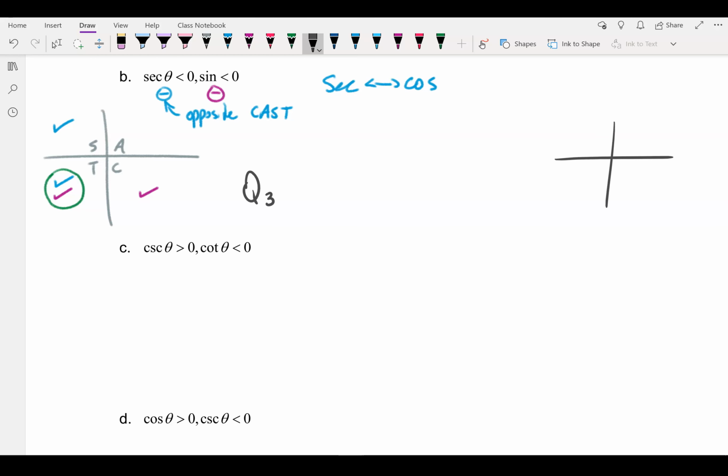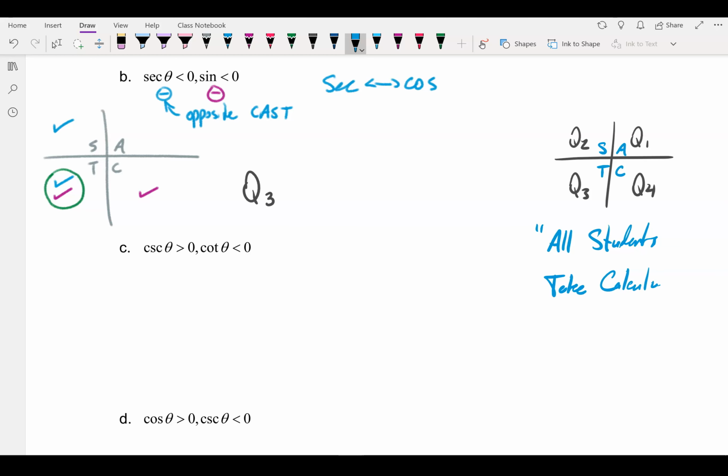If you forget where your quadrants are, Q1, Q2, Q3, Q4. Be careful that you don't mix it up with CAST, because CAST starts in quadrant 4. Or another way you can remember this, which starts in quadrant 1: All Students Take Calculus.